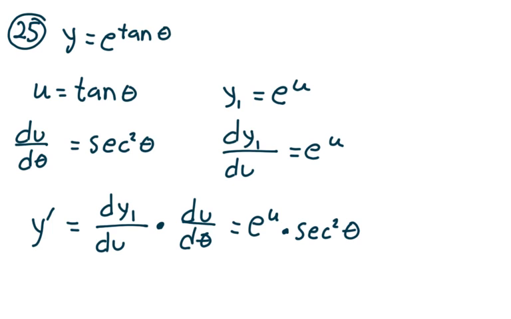But u is tangent theta. So y prime is e to the tangent theta times secant squared theta. And that's the answer to problem number 25.